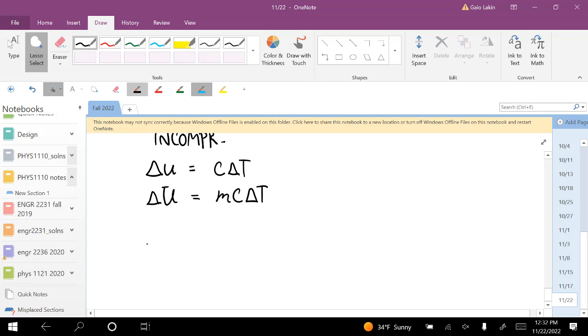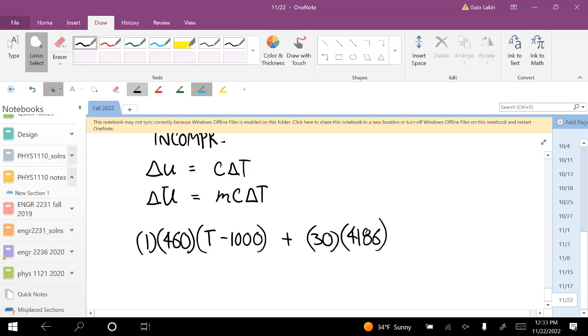So we have 1 times the specific heat of the metal times the change in temperature of the metal, which is the final temperature minus 1000. And then plus 30 times the specific heat of the water times the quantity T minus the initial temperature of the water.